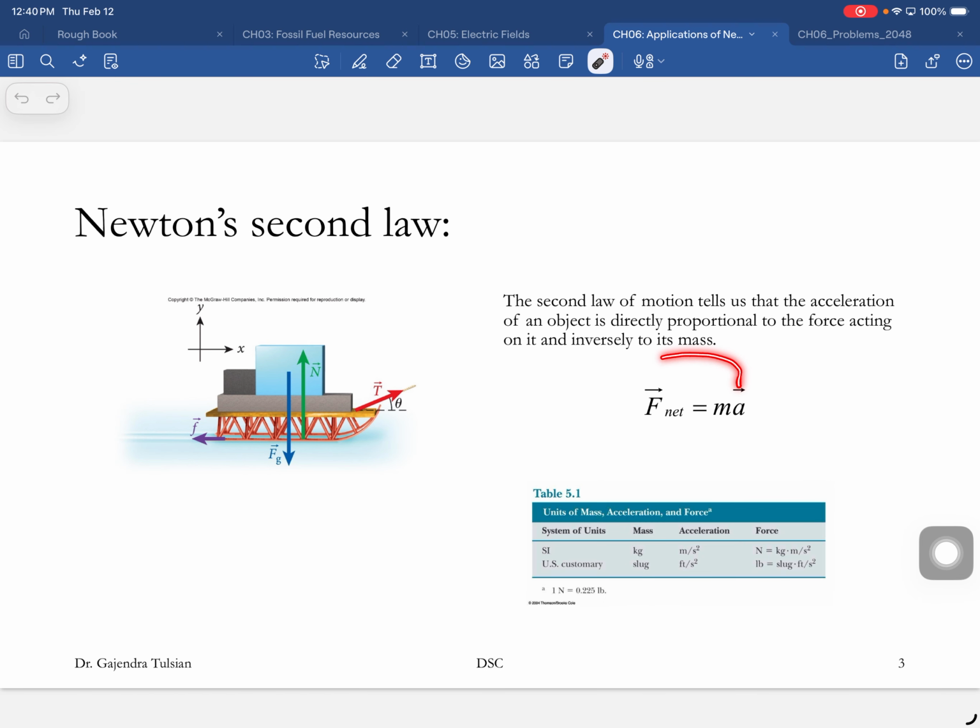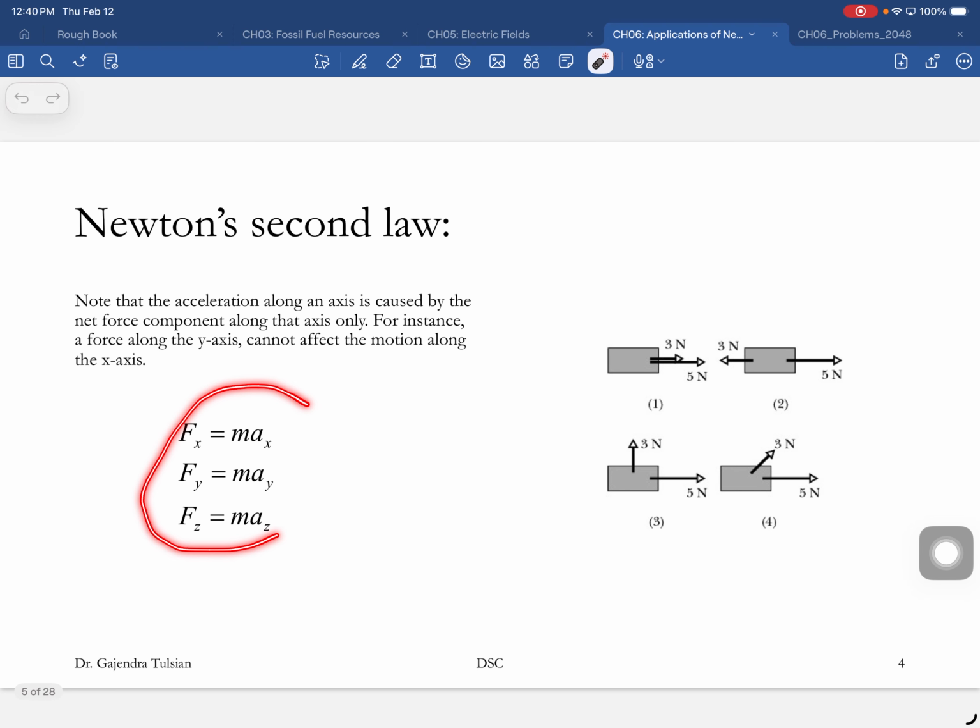All right, again, this is a vector equation. For two vectors to be equal to each other, what should be true is the x component of this vector should equal the x component of this vector. The y component of this vector should equal the y component of that vector. The z component, the corresponding components are equal, and that's what's written here.